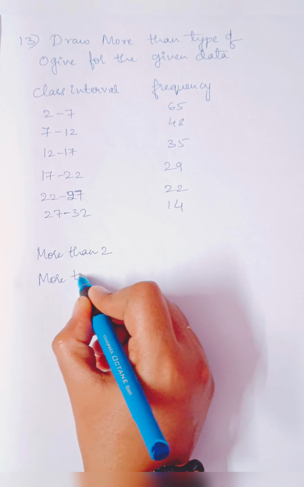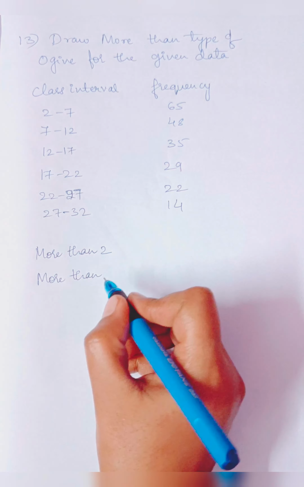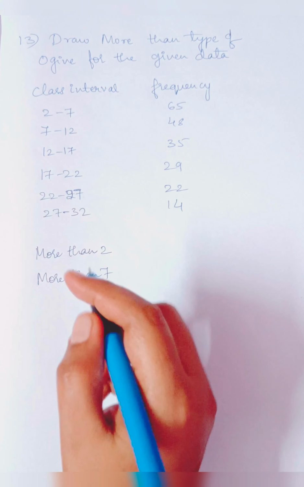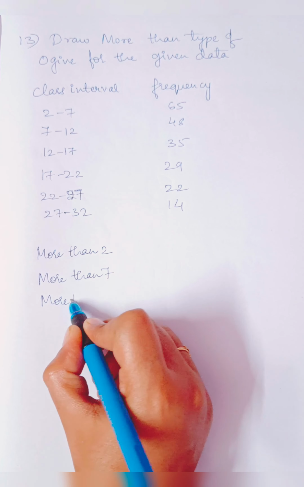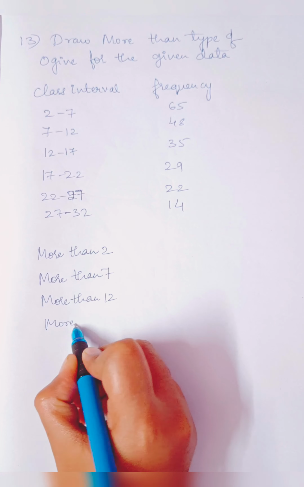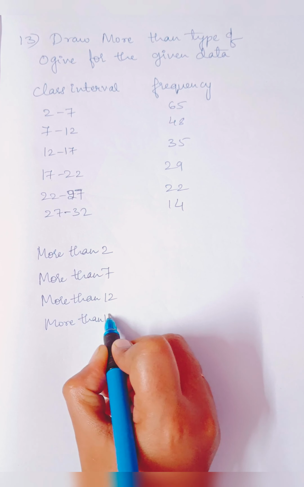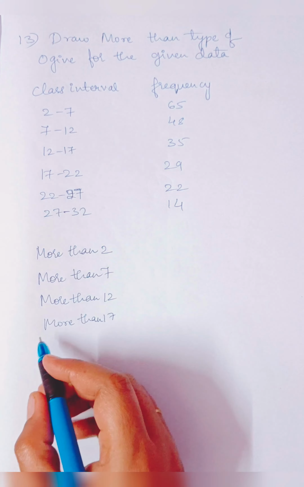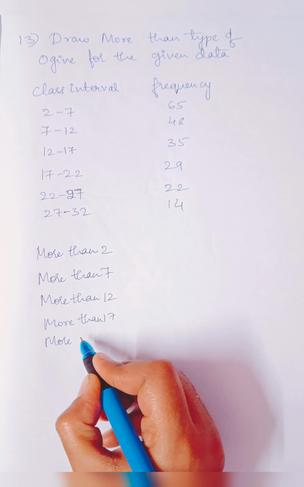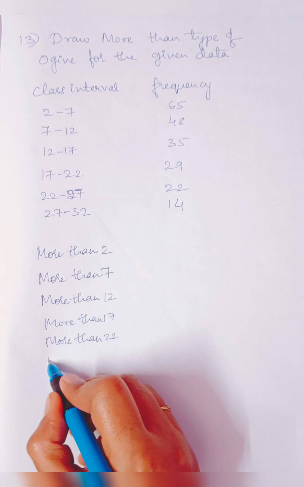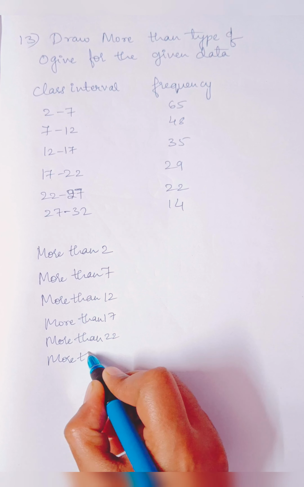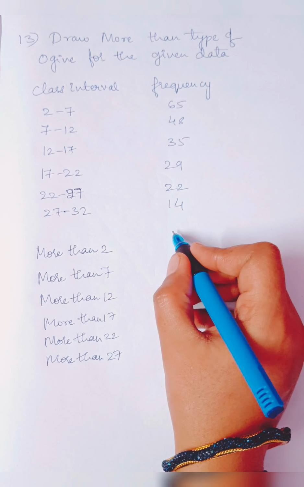More than 7, then more than 12, more than 17, more than 22, more than 27.